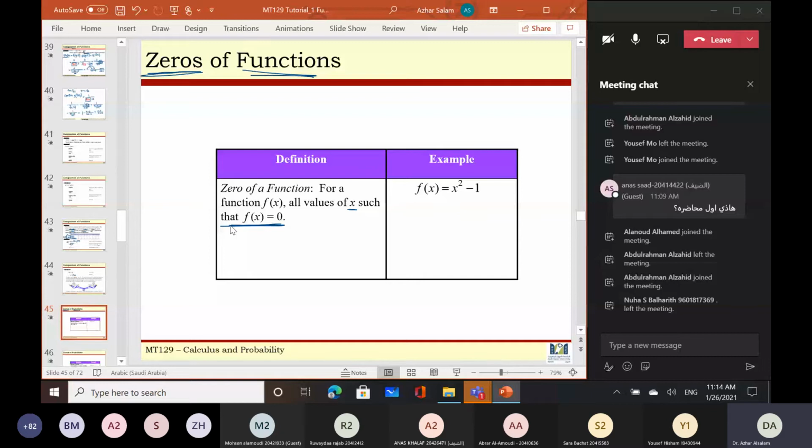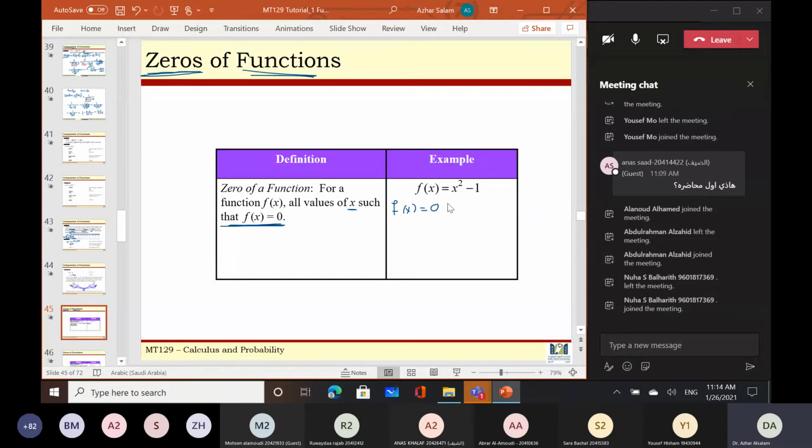So to find the zeros of a function, I take the function f and make it equal to 0. For example, if I have this function x squared minus 1 and I ask you to find the zeros, take f of x equal to 0.